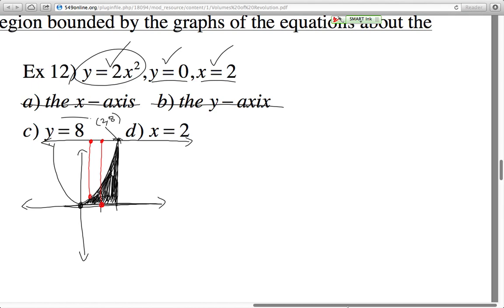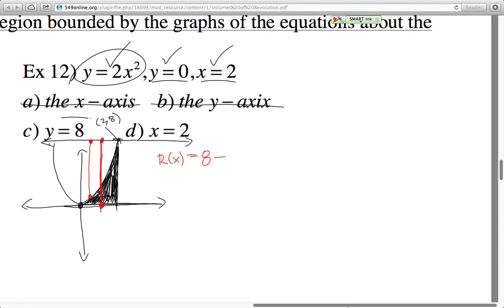All right, let's do outer radius first. How do you subtract? Always top minus bottom, but this time the axis is on top. You're subtracting these 2 things: this right here, which is y equals 8, from this right here, which is 2x squared?